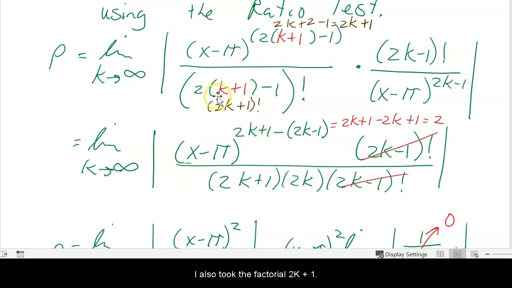I also took the factorial 2k plus 1 and expanded it to become 2k plus 1, subtracting 1 to get 2k, subtracting one more to get 2k minus 1 factorial. That allowed it to cancel with the 2k minus 1 quantity factorial that I had in the numerator.